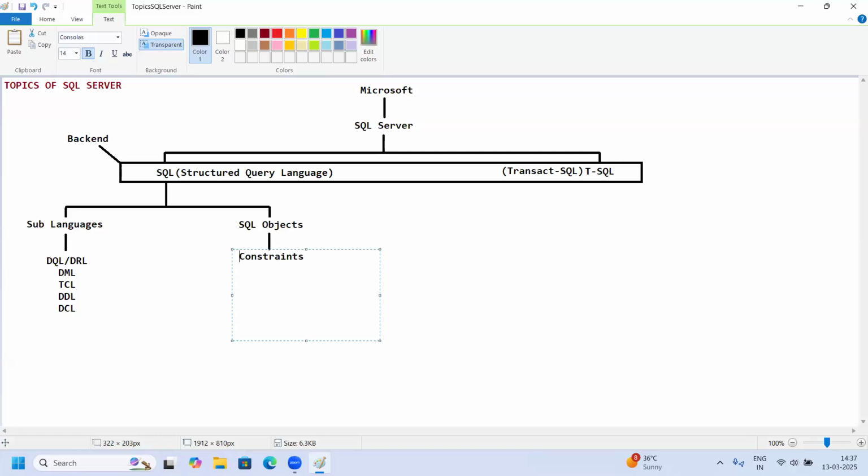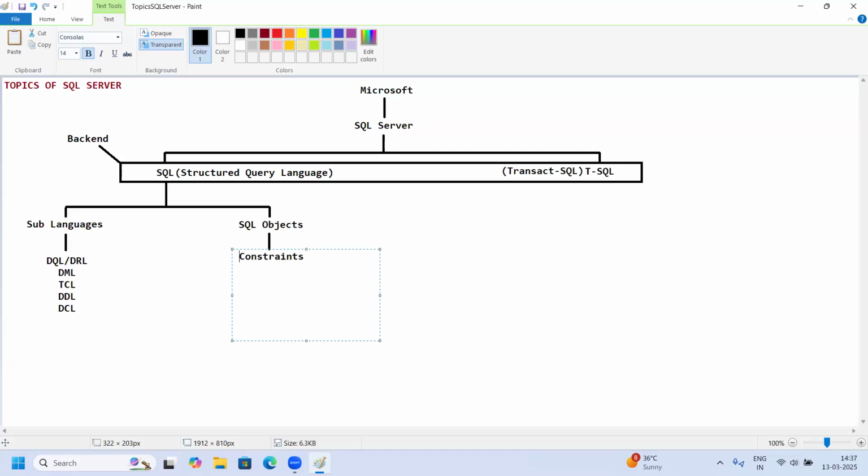We have 3 types of constraints to study: domain integrity constraint, entity integrity constraint, referential integrity constraint. 3 types are there. And in that topic, we will discuss all these things.